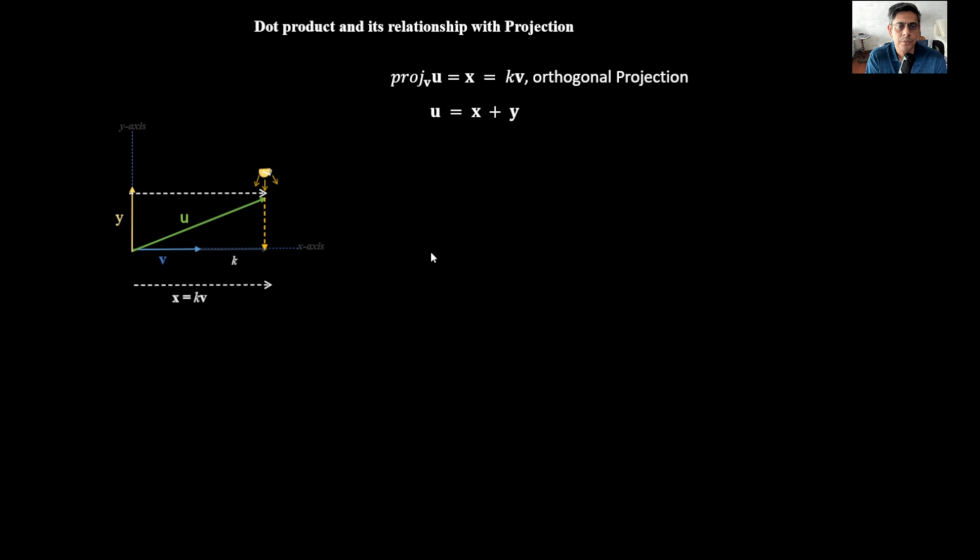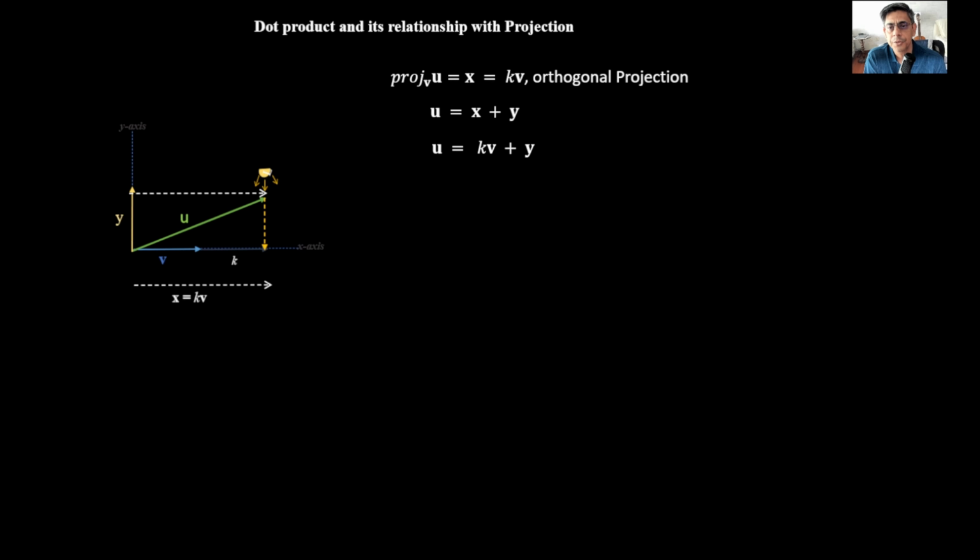We also can see from here that there will be a vector y which is perpendicular to v, such that x plus y, x is this line, y is this line, and this forms a triangle again, giving me u as the hypotenuse of this triangle, y, x, u. So therefore u is equal to x plus y.